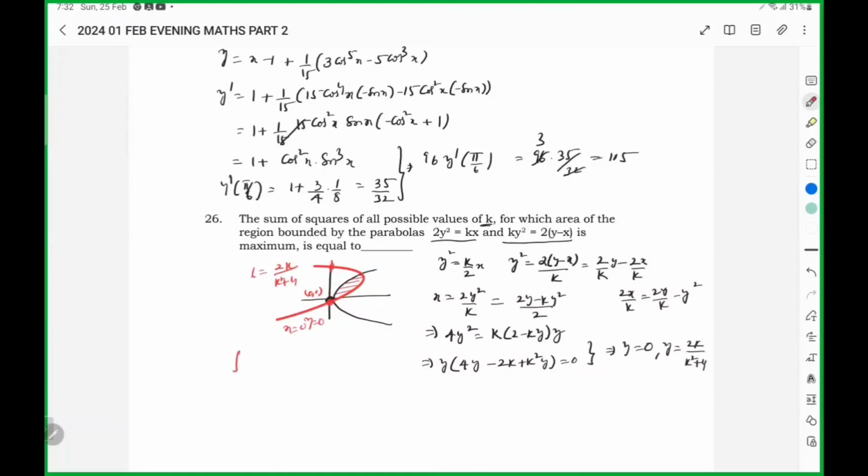So integral x dy gives you area between... this is area 0 to L. This is the dominating curve. So x here is how much? 2y minus ky square by 2, x will be y minus ky square by 2.